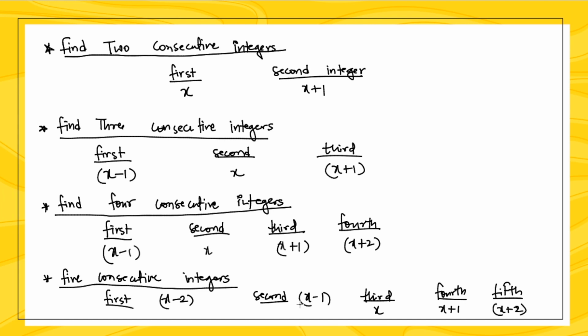Okay, so x minus 2, x minus 1, x, x plus 1, and x plus 2, like that you have to do. Alright, so this is what you need to know when you are going to solve questions related to consecutive integers. Now, apart from all these things, there is some additional thing which you should know.